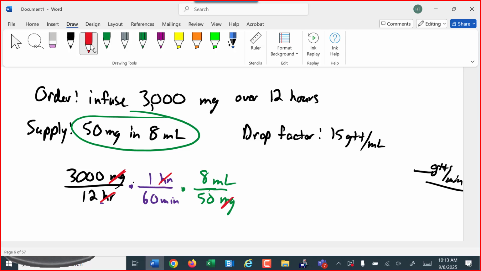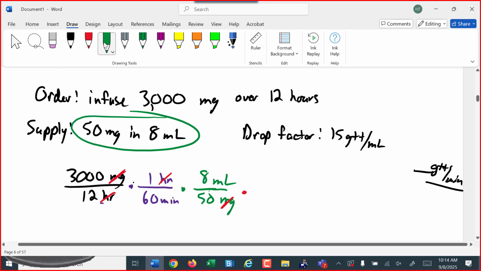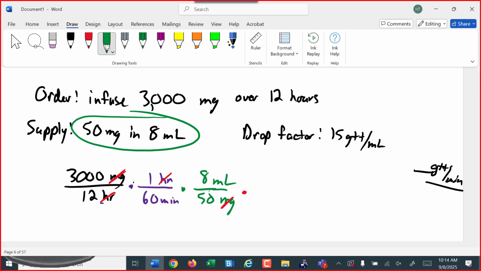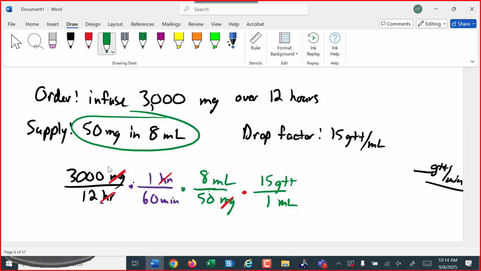So we cancel out the milligrams. And now we use our drop factor. Getting rid of the milliliters, I'll put milliliters on bottom. And of course, that's telling us that 1 milliliter is equivalent to 15 drops. So the milliliters cancel out.